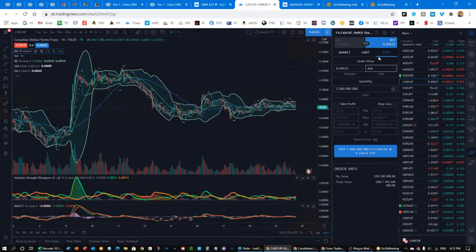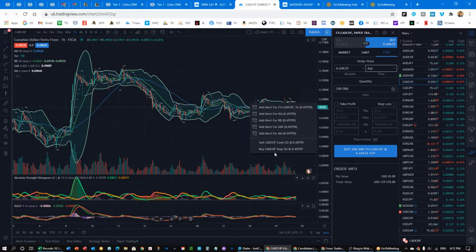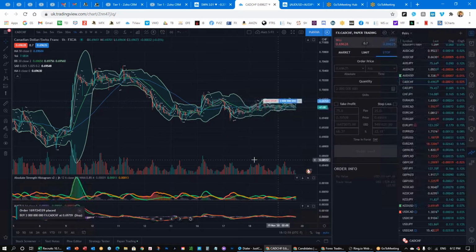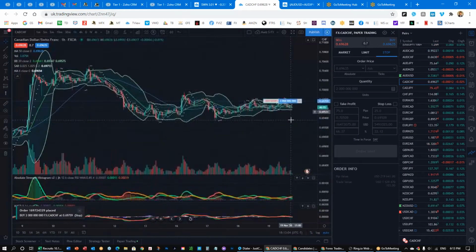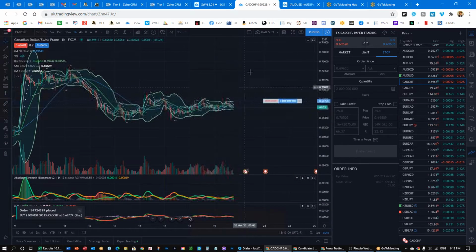First of all, they're called stop orders. So we do a stop buy. Definitely don't need that much. Let's do it for maybe 2 lots. We'll do a stop buy and we'll put it at the top of this. Now we have a stop buy there, so if this breaks away to the upside, we will be in that trade.